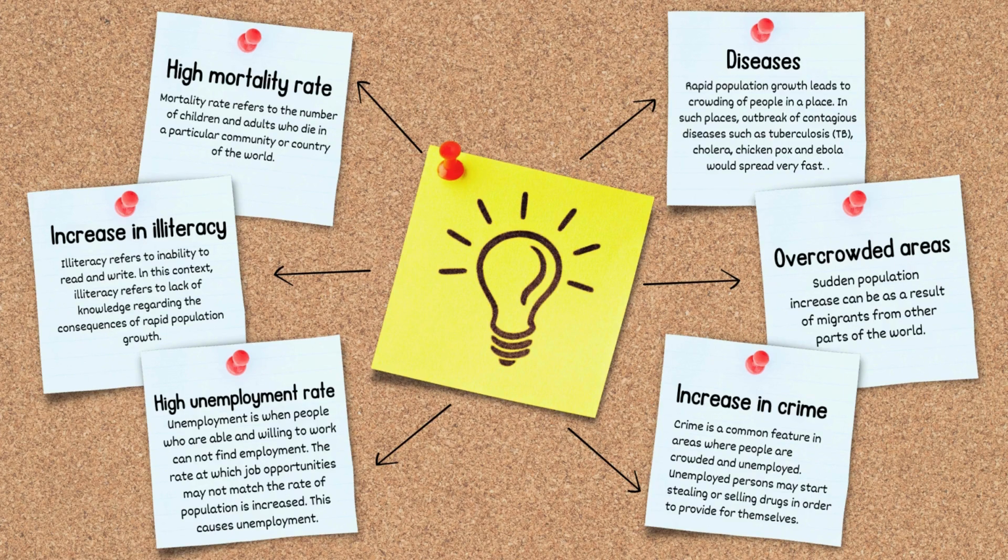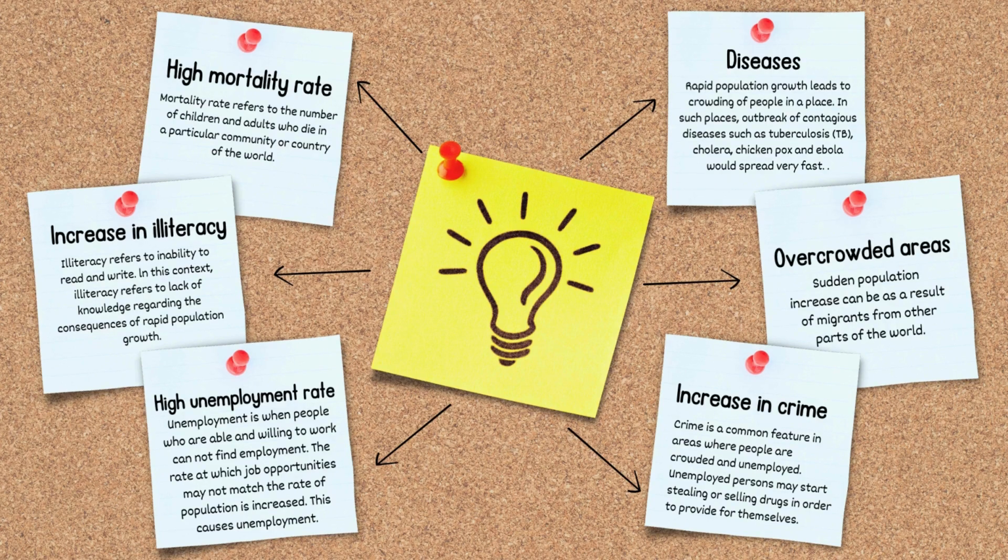The other effect is overcrowded areas. Sudden population increase can be the result of migrants, the people who migrate from one part of the country or of the world to other parts of the world. And lastly, diseases.